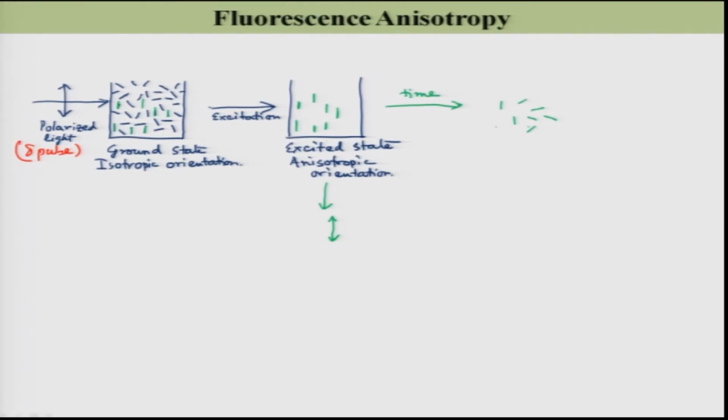So, now the molecules are like that. In this case the contribution of the vertical emission is reduced because only these two molecules are now present, and you also get this type of emission, and this type of emission, and so on.